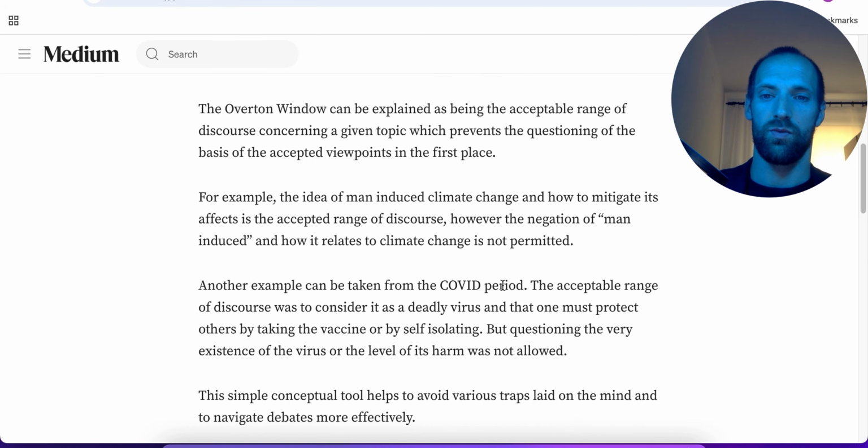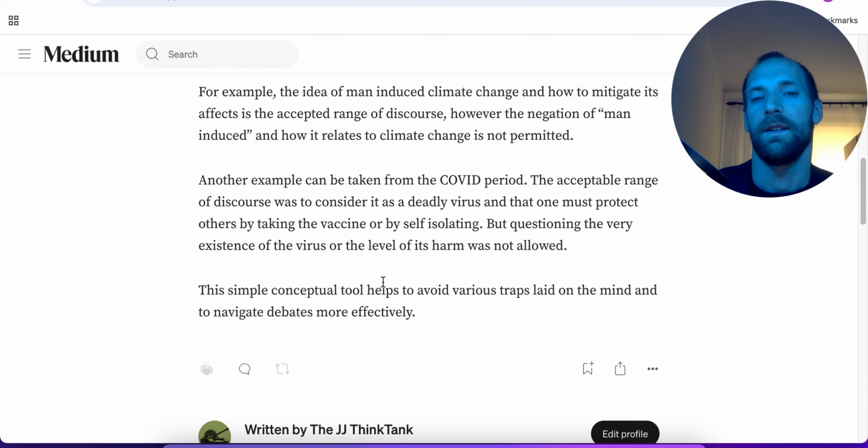So yeah, another example would be the COVID period. The acceptable range of discourse was to consider it as a deadly virus that one must protect against, and that one must protect others by taking the stabby, or self-isolating. I didn't accept this discourse. I didn't take the stabby. I didn't wear a mask. I didn't do all this nonsense. I think it was all a scam to control us.